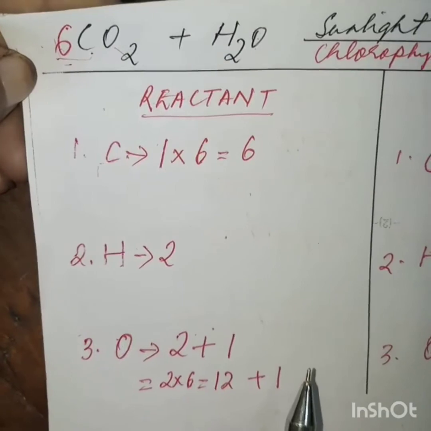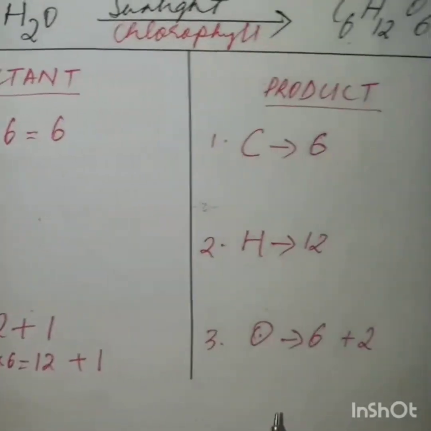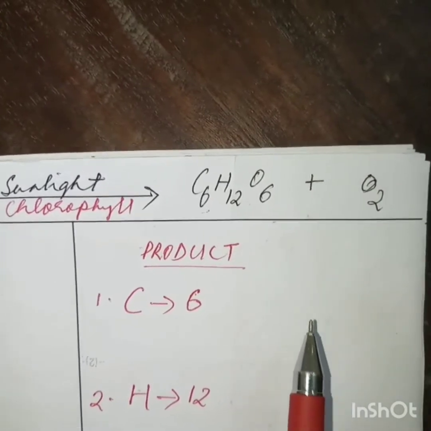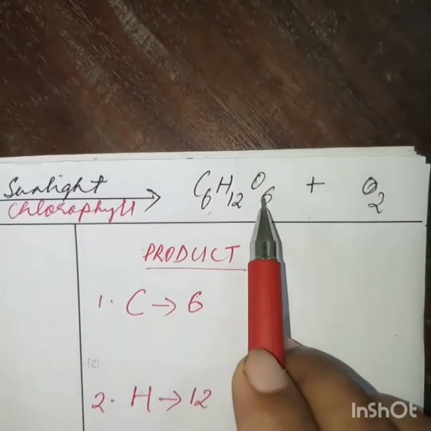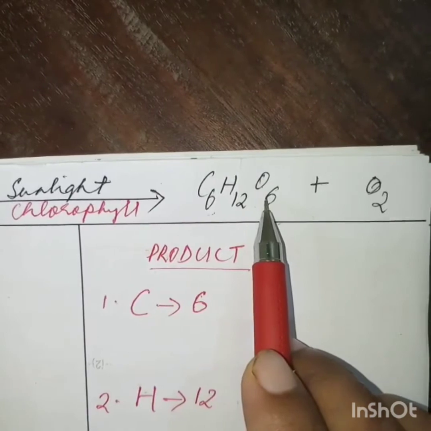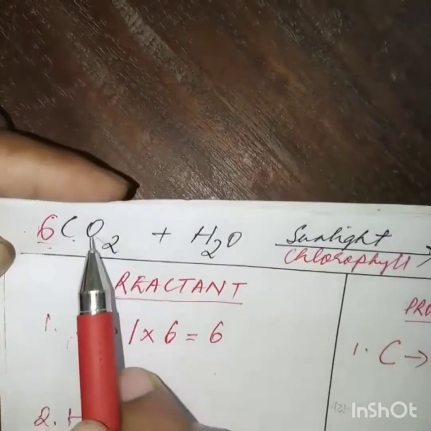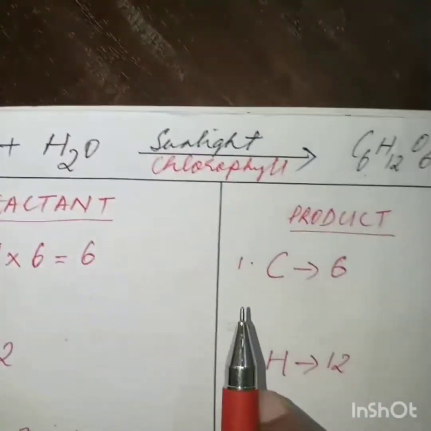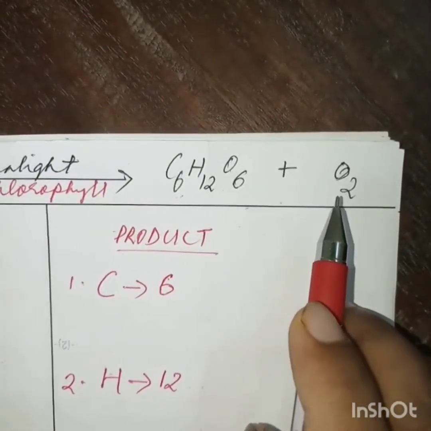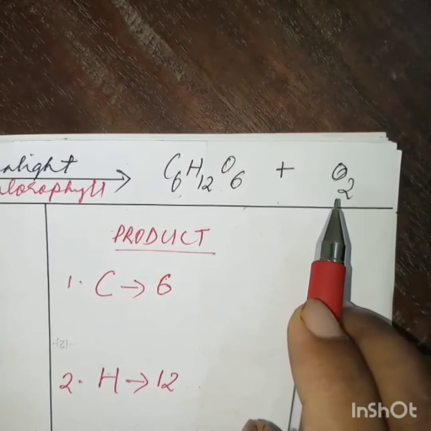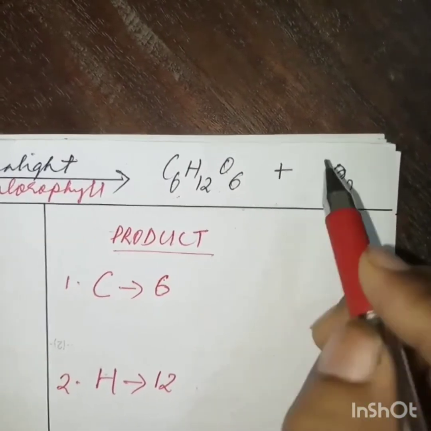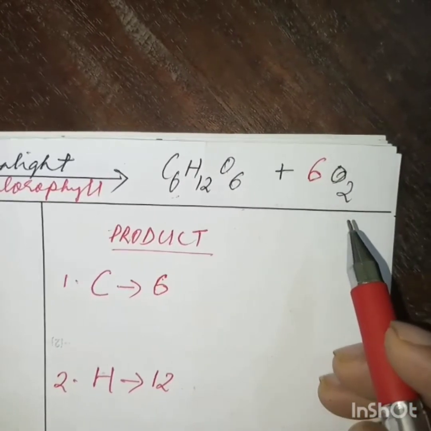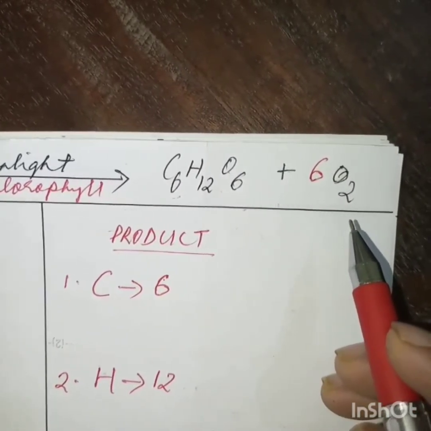Now if you look into this one, see, here how many? 6 oxygen. And here also there are 6 oxygen. Then what about this one? There is only 2, right? So in order to equal, we have to add another 6, so that it is equal.